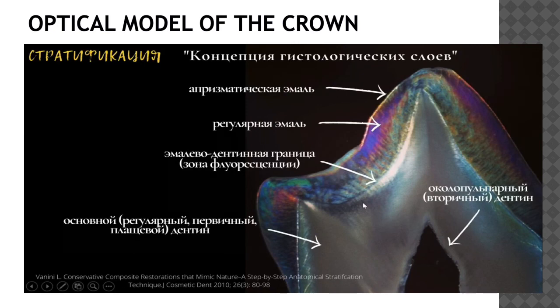On this slide, you can see an optical model of the crown, from up to down: the aprismatic enamel, reticular enamel, enamel dentinal junction, the zone of fluorescence, the main regular or primary dentin, it's also called the mantle dentin, and the secondary dentin, which is forming around the pulp.